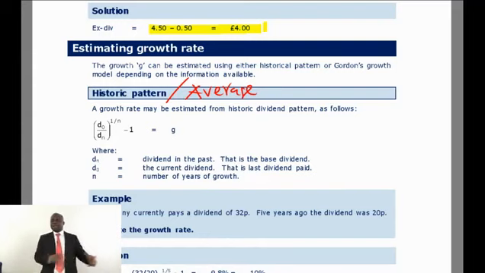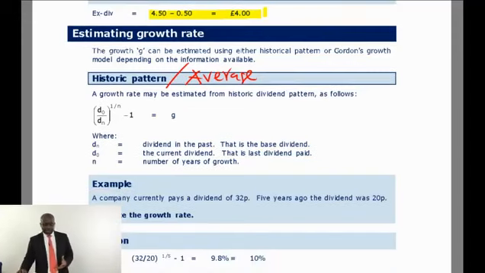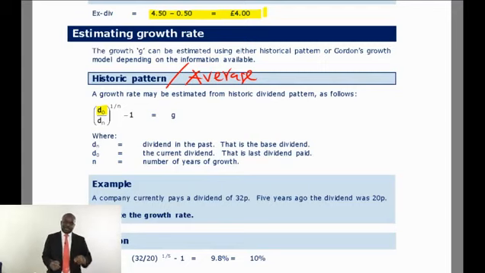The formula is D0, the current dividend, divided by the dividend paid n years ago, all raised to the power 1 over n, minus 1. N is the number of years of growth.